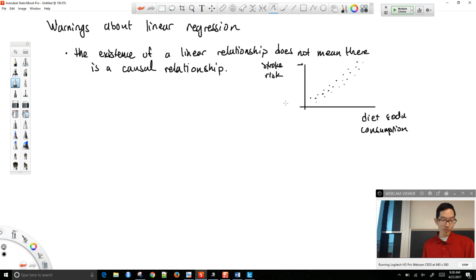Basically the study says people who drank a lot of diet soda tended to have strokes at a higher rate than those who didn't. We can't jump to conclusions and say diet soda is the cause behind the strokes.